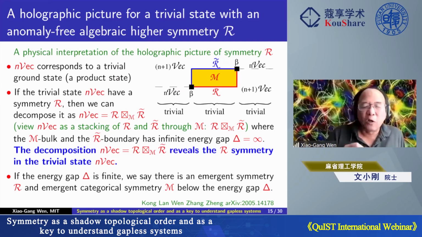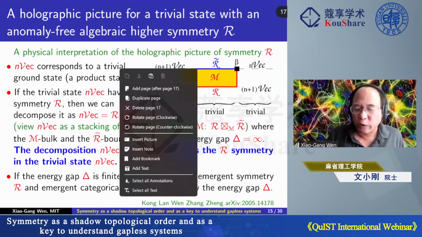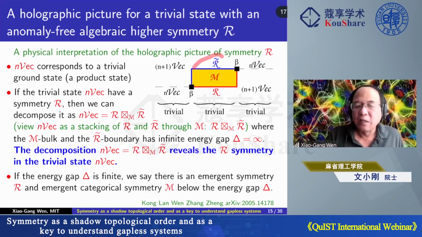Basically, if the product state and the excitations above this product ground state can be reproduced by this sandwich structure, by this decomposition, then we say that this product state actually has a symmetry.